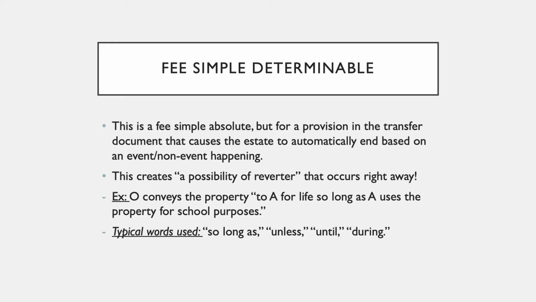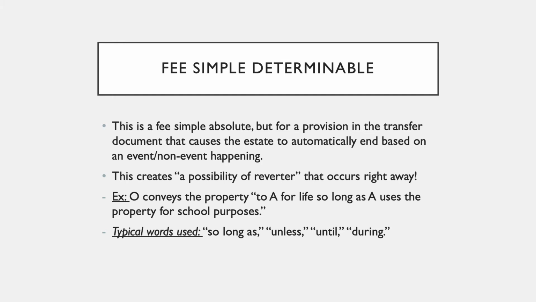An example here is O, the grantor, gives the land to A for life, so as long as A uses the property for school purposes. This means that A has a life estate, right? But there's a condition on this life estate. A will have to use the property only for school purposes.